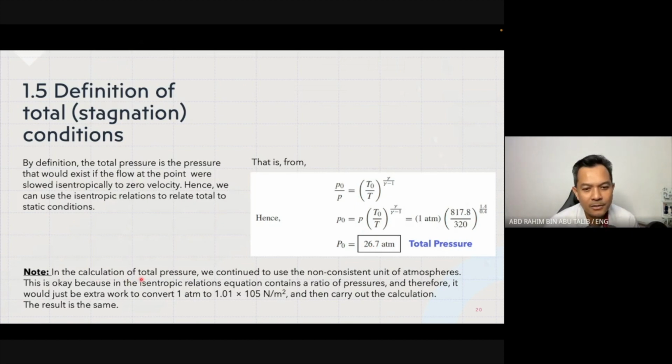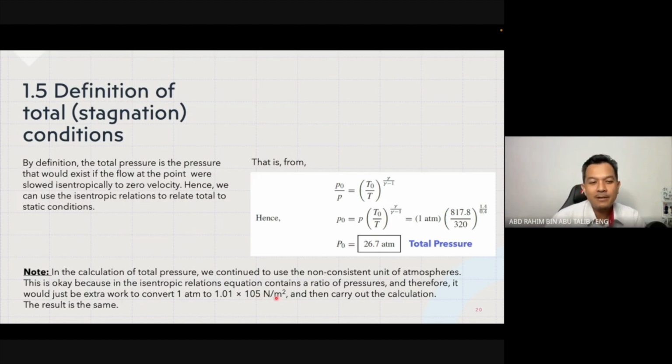In this calculation of total pressure, we continue to use the non-consistent unit of atmosphere. This is okay, because the isentropic relation equations contain a ratio of pressure. So it would be just extra work to convert 1 atmosphere to the SI unit of Newton per square meter, 1.01 times 10 to the power of 5, and then carry out the calculation.